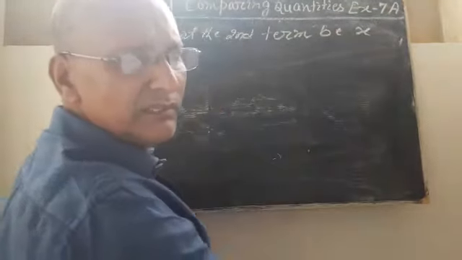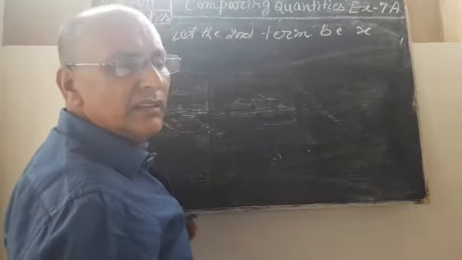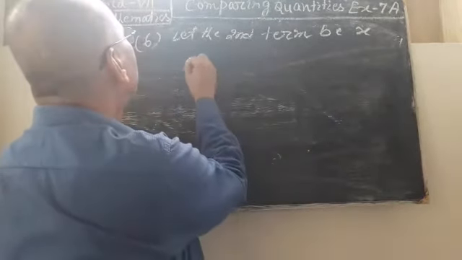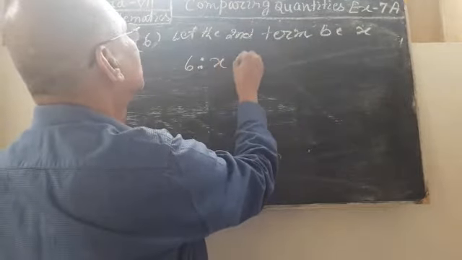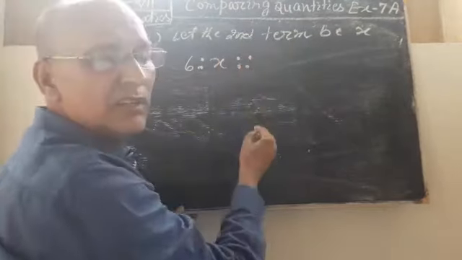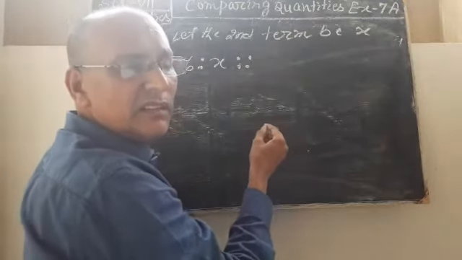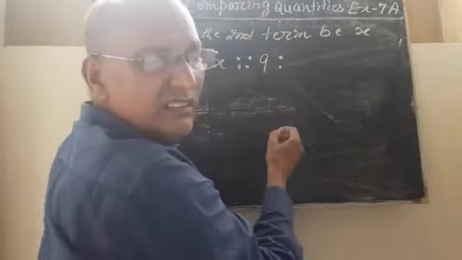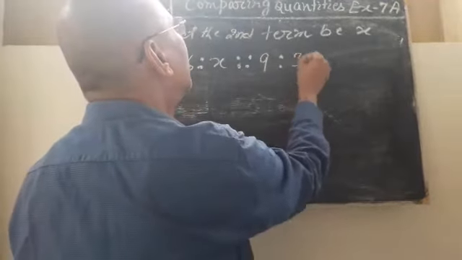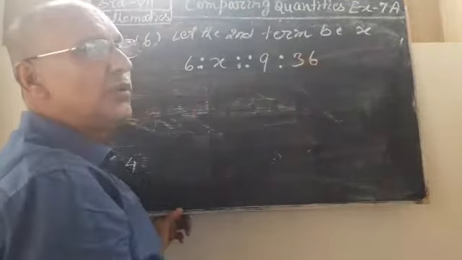First one is 6, second we have taken x, and the third and fourth are 9 and 36. Now this is in proportion.